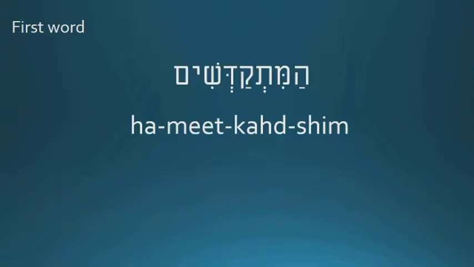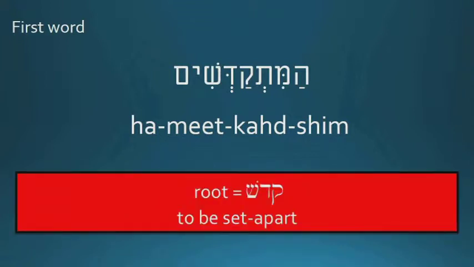The first word is Hamit Kadshim. Now the root of that particular word is Kuf Daled Shin, which means to be set apart. It's the same 3 letters we find in Kadosh, which is set apart.